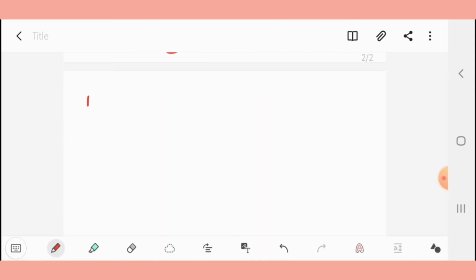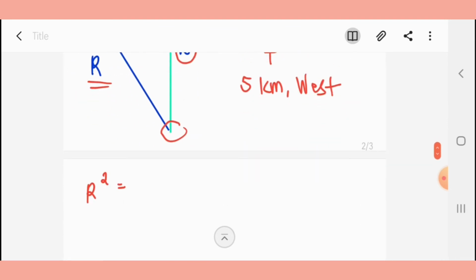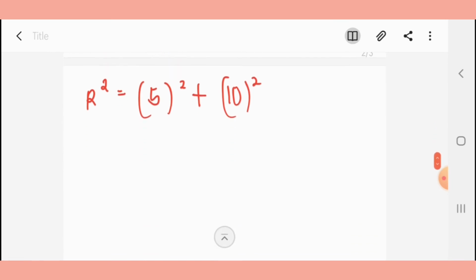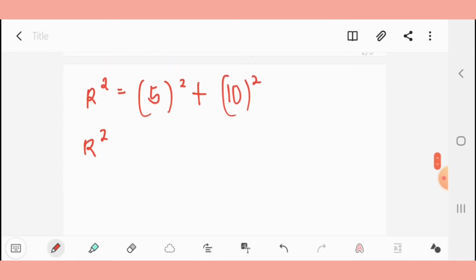We have here our R squared, our A, which is 5 squared, plus our B, which is 10 squared. R squared is equal to 5 squared, which is 25, plus 10 squared, which is 100. R squared is equal to 25 plus 100, which is 125.